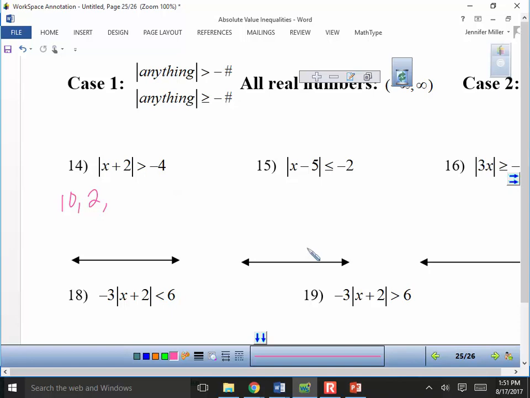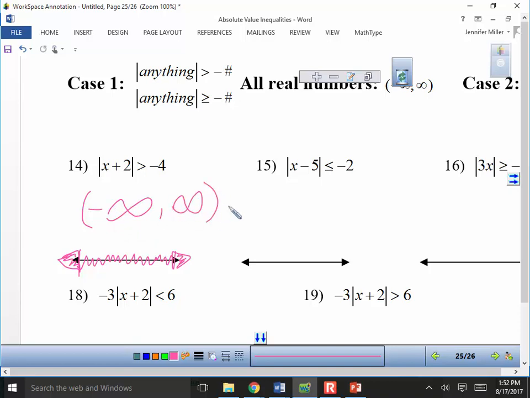Okay, so long story short, once you get that absolute value by itself, it's always going to be greater than a negative number. Doesn't matter what that negative number is. If this were negative 0.5, it wouldn't be any different. The answer would be all real numbers. We'd shade the entire number line, and to write our answer in interval notation, it would just be what? Good, negative infinity to infinity.